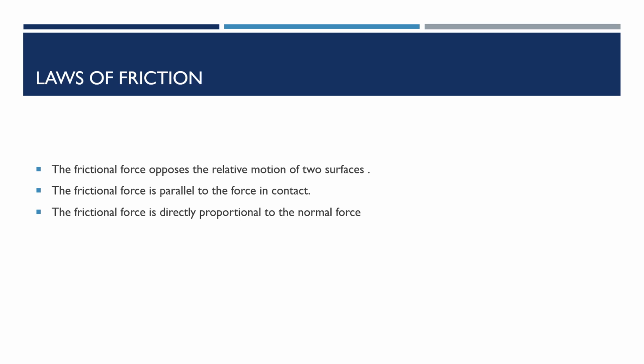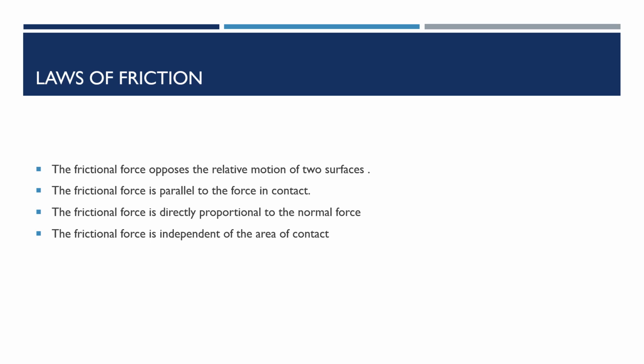The frictional force is directly proportional to the normal force. We know that the normal force is directly proportional to the frictional force, because when a body is applying a larger normal force, it means that the body has more mass. So the more mass, the more friction; the less mass, the less friction. The frictional force is independent of the area of contact.